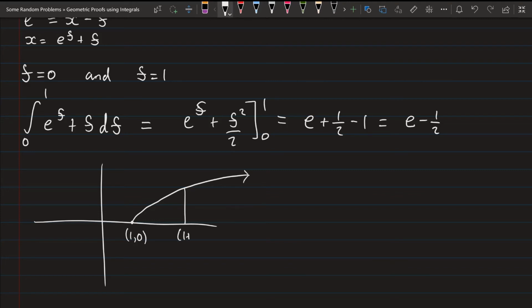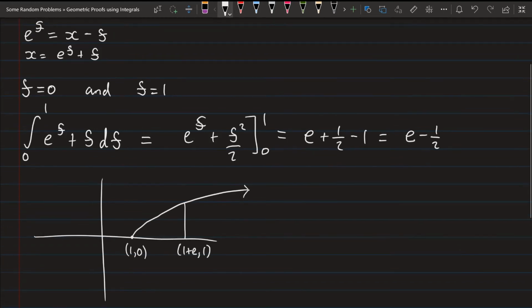We want to find this area, but we have essentially this area. And what you can see is something quite interesting here. We have a rectangular region. And this is 1 plus e. And all this is the height.